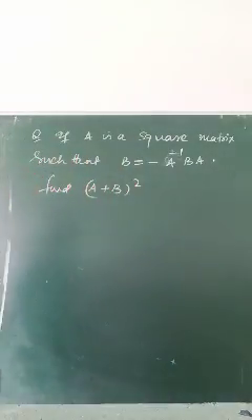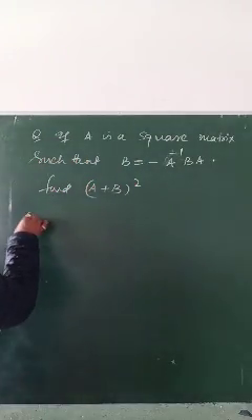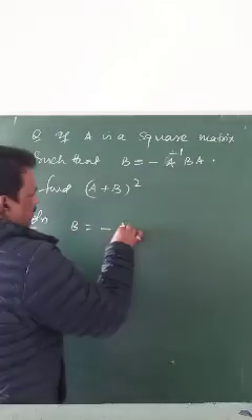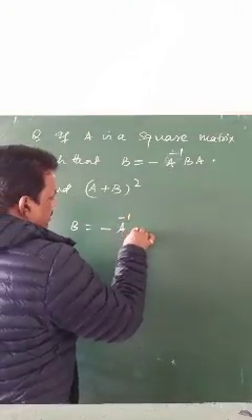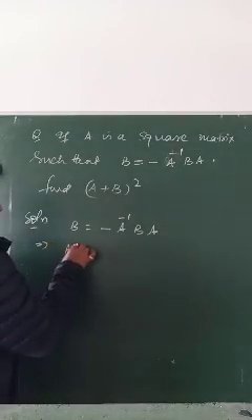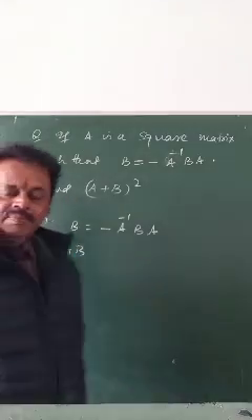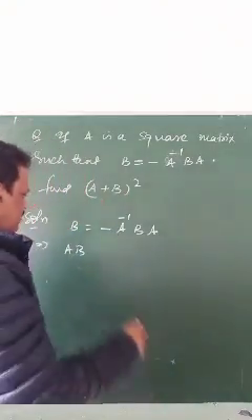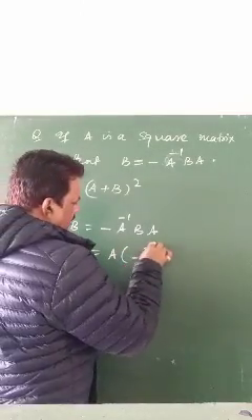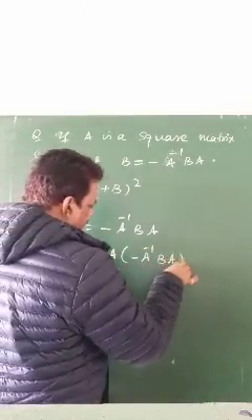Okay, then let's see what it means. B equals negative of A inverse BA. That means, pre-multiplying by A on both sides, AB equals negative A times A inverse BA.